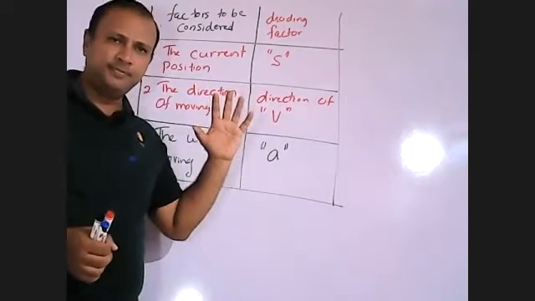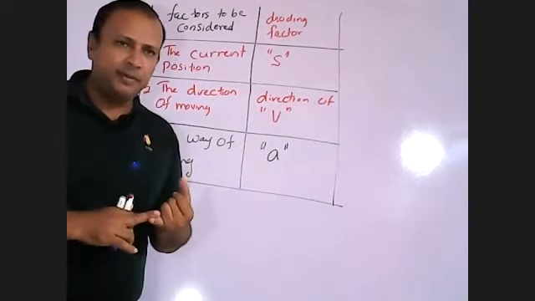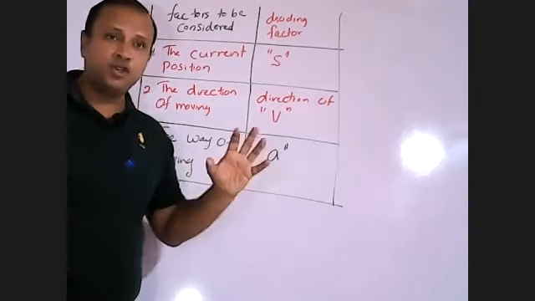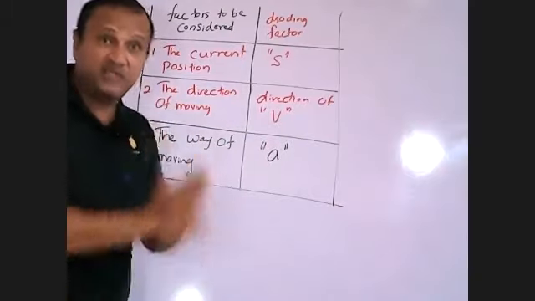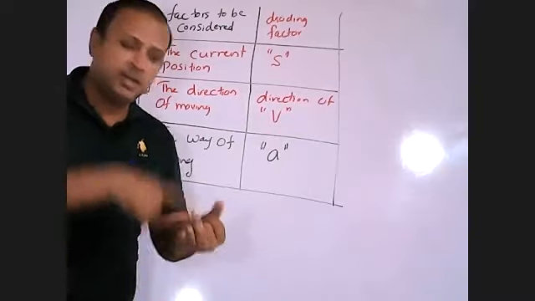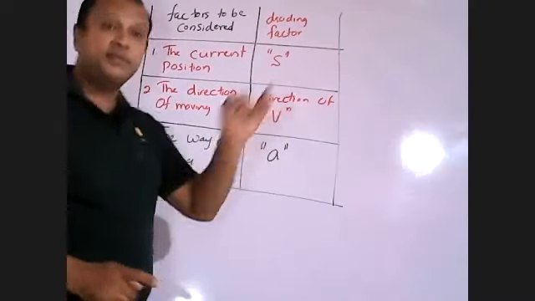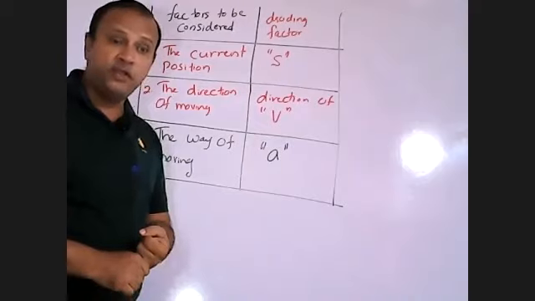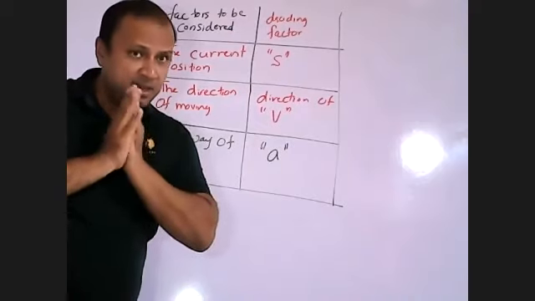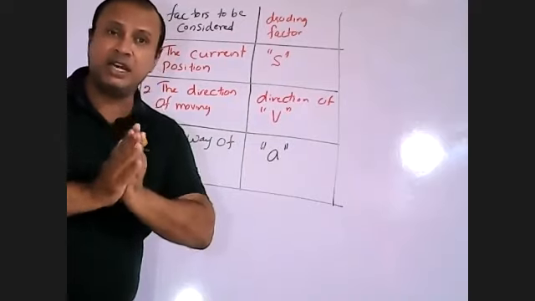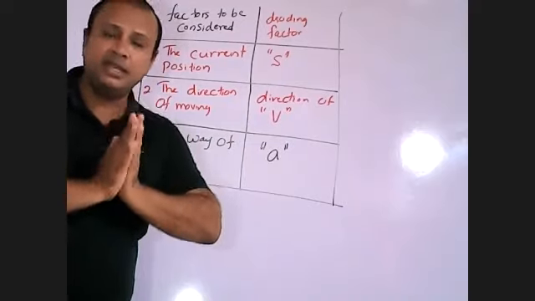When we are describing linear motion, we have to consider only these three factors: the current position, the direction of moving, and the way of moving. Those are the only three factors to be considered when describing a linear motion.